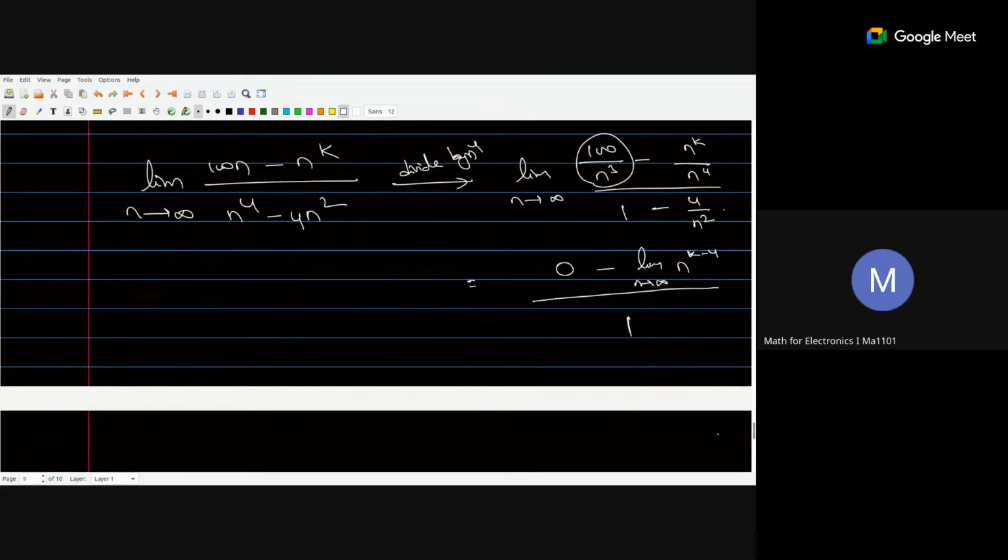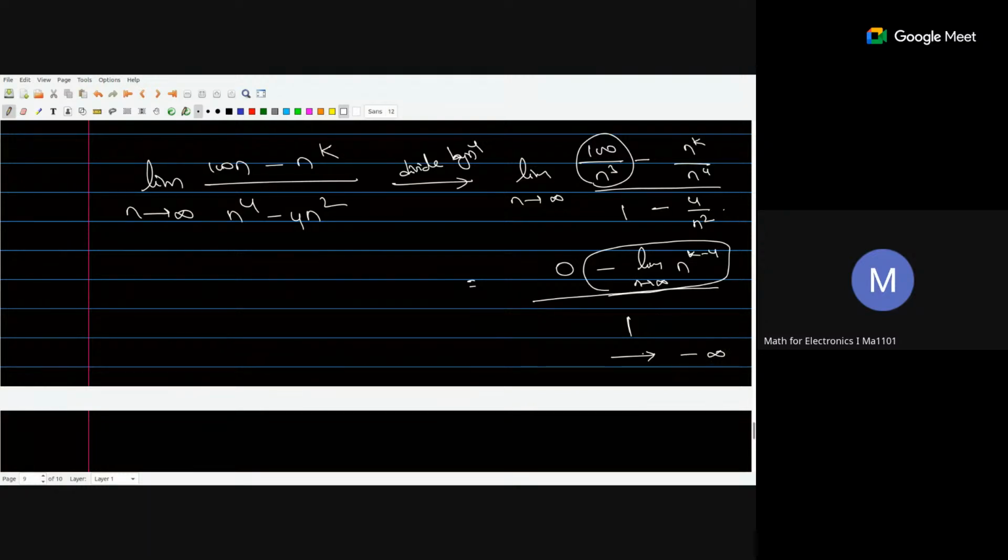Now, for what values of k will this whole thing diverge to minus infinity?